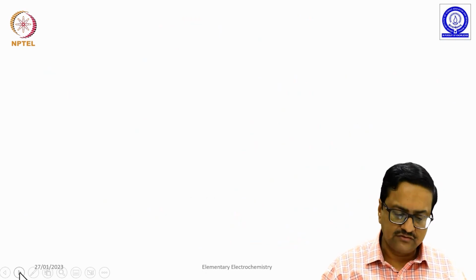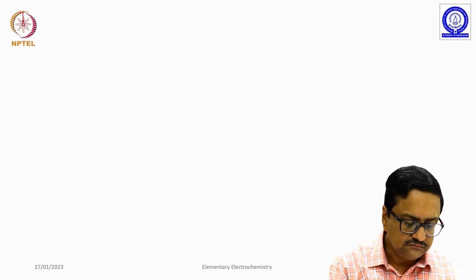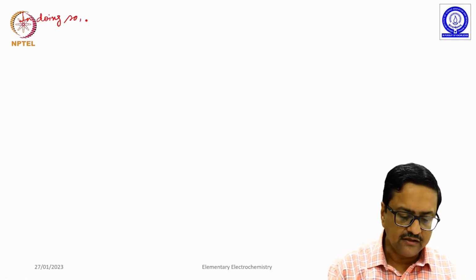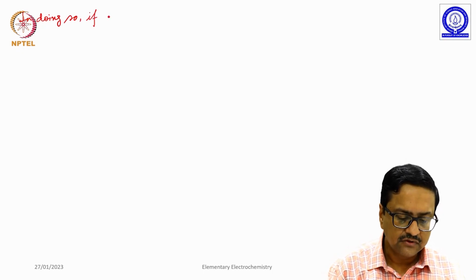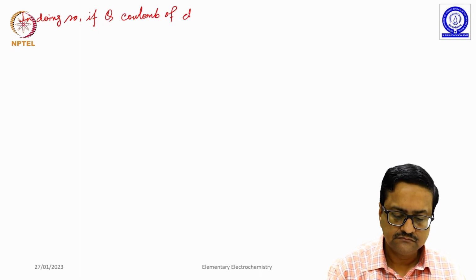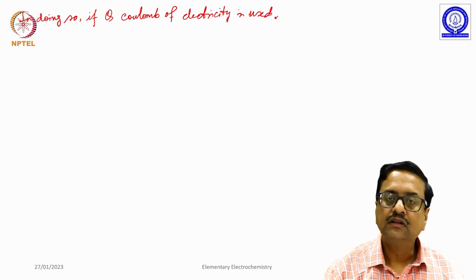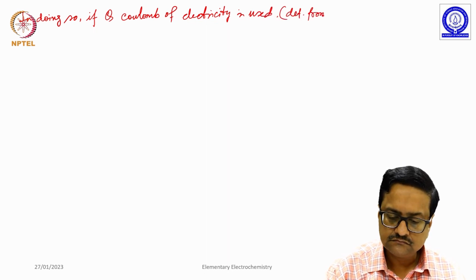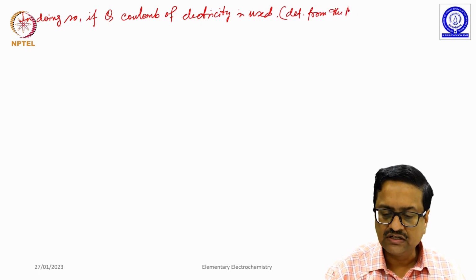In doing so, if Q coulomb of electricity is used, this Q can be determined from the silver coulometer, right.